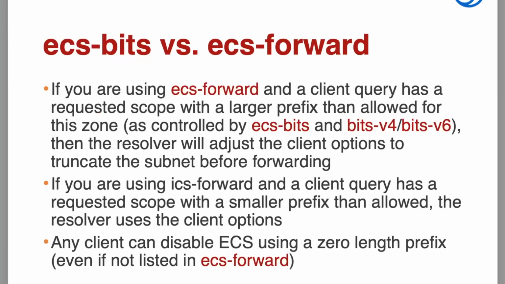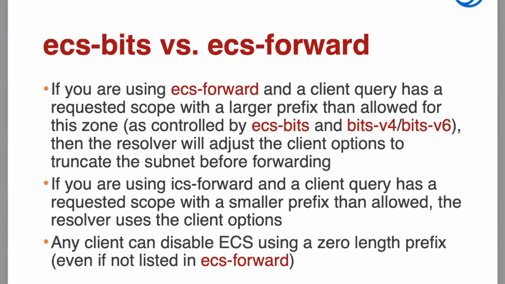And here's the bit I said that I would come to later, because I mentioned that ECS forward means that you will accept and use ECS options on the client query that you received as a resolver. But what if the client query scope, so the ECS options and the mask being used on it, is more specific than you want to use per your configuration?